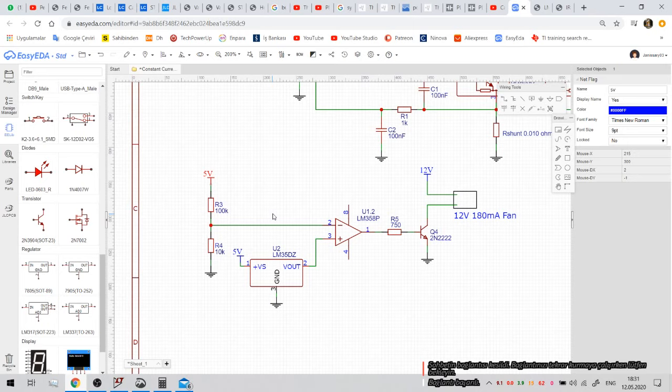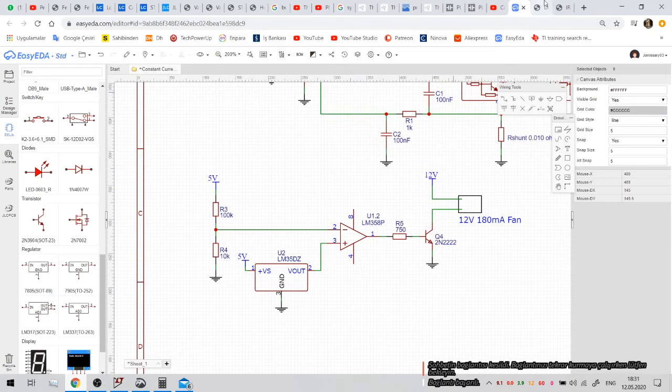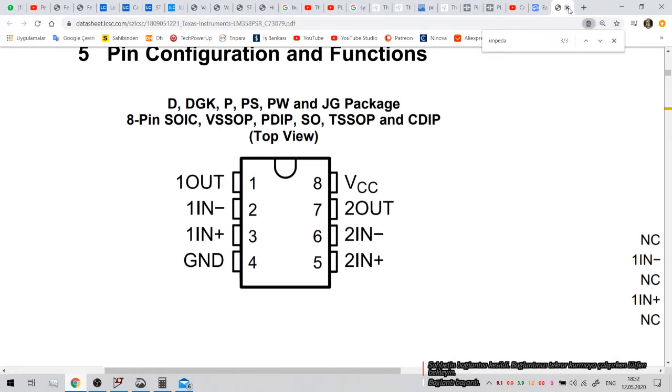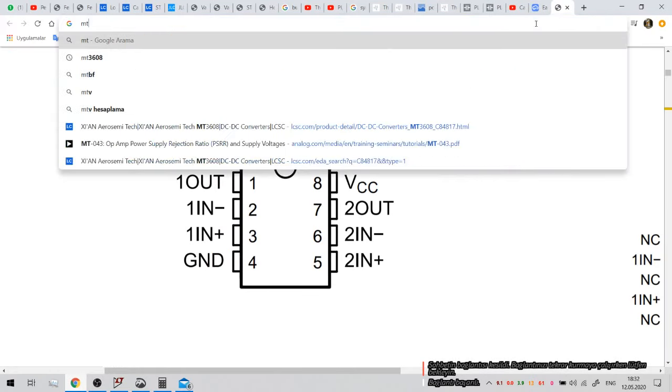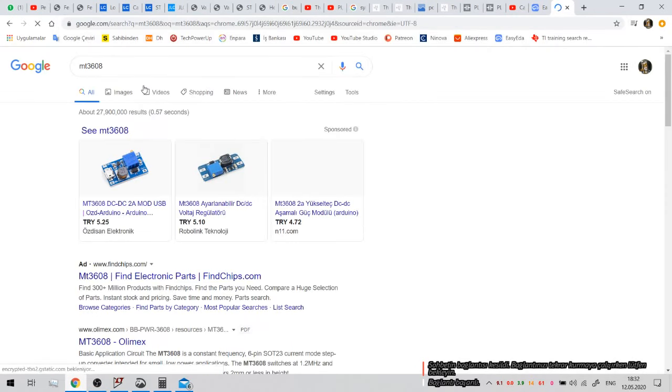Old USB chargers, not important. But for 12-volt, I want to use the MT3608. I like to use this kind of chip, you can see.